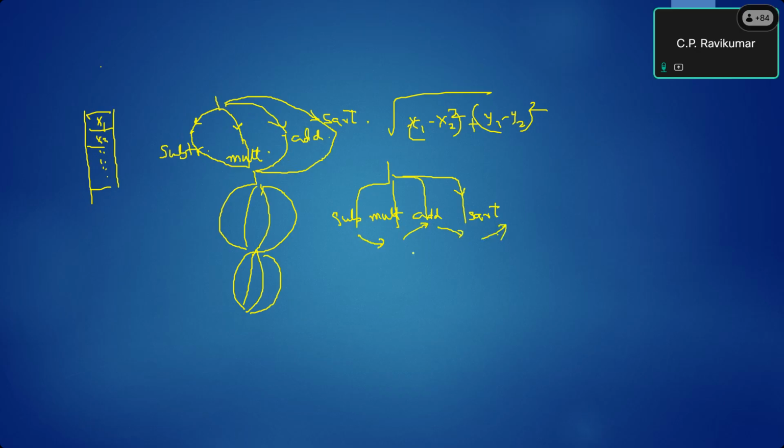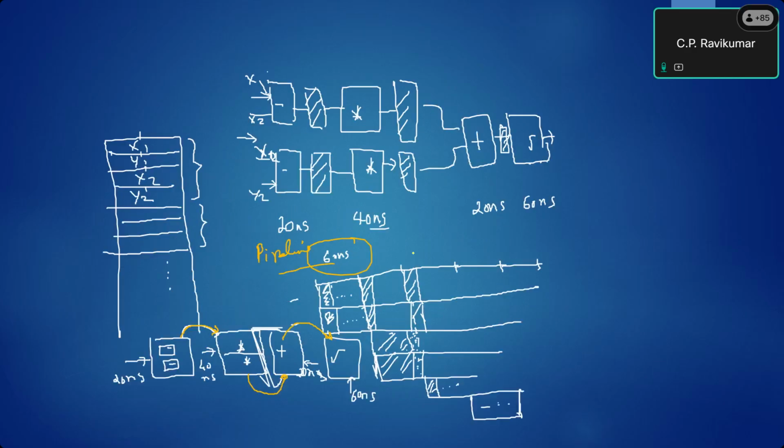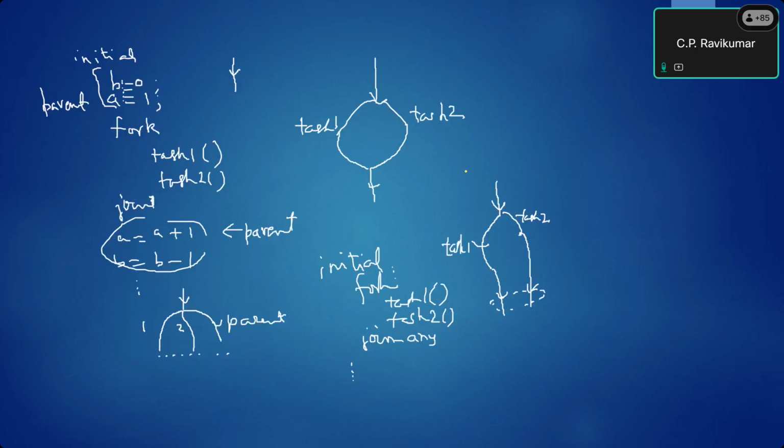So there are many ways to do this. And you have to decide based on considerations such as how long it takes for this subtractor to finish and things like that.